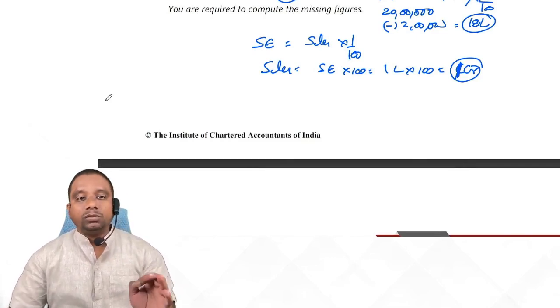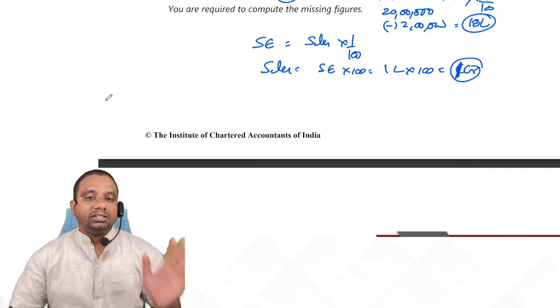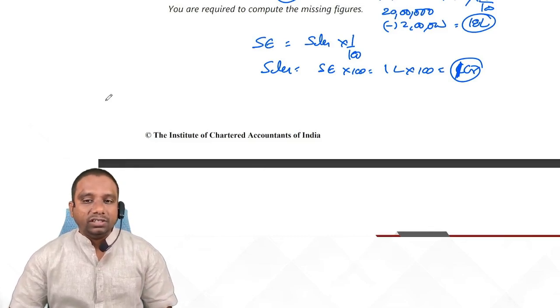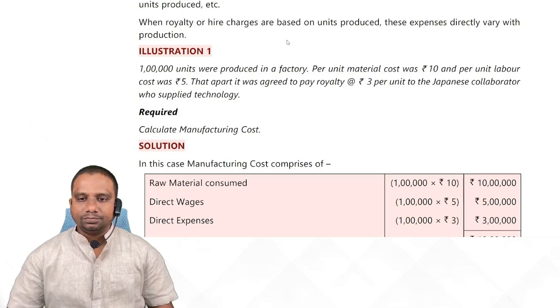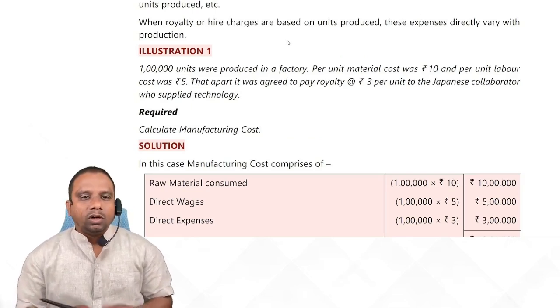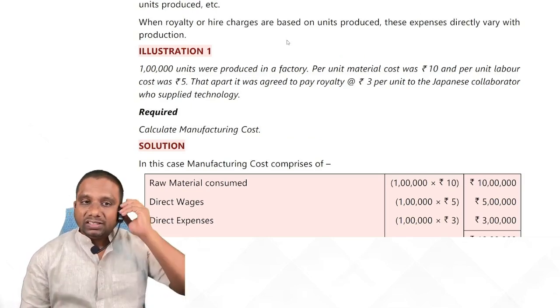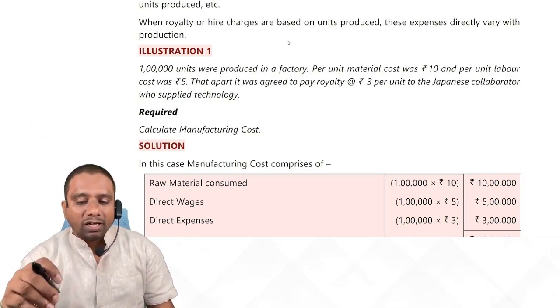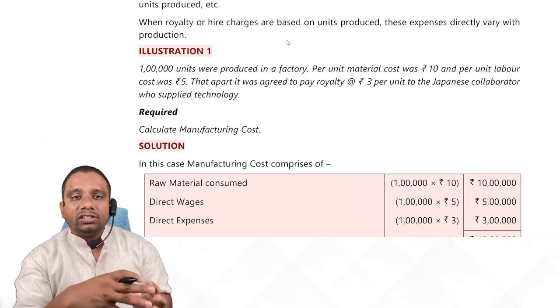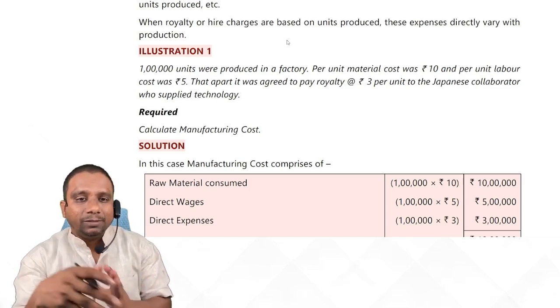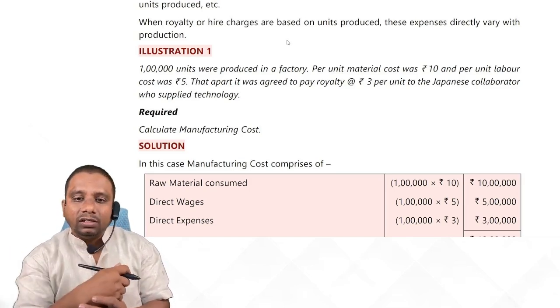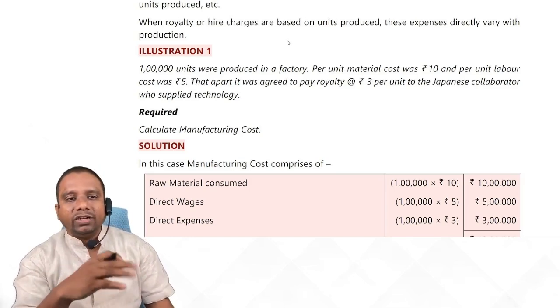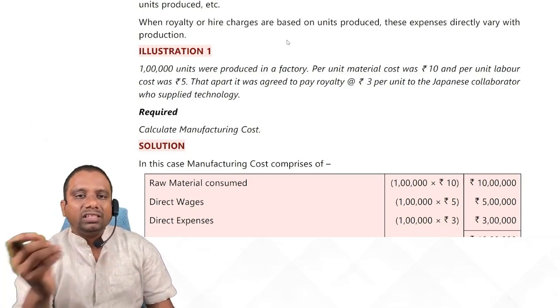Now we see problems on manufacturing concern. Observe, students. Now look at final accounts of manufacturing concern. The only difference between non-manufacturing concern and manufacturing concern is manufacturing concern will produce the goods and sell them. Non-manufacturing concerns will directly purchase the goods from manufacturer or wholesaler and sell the goods.